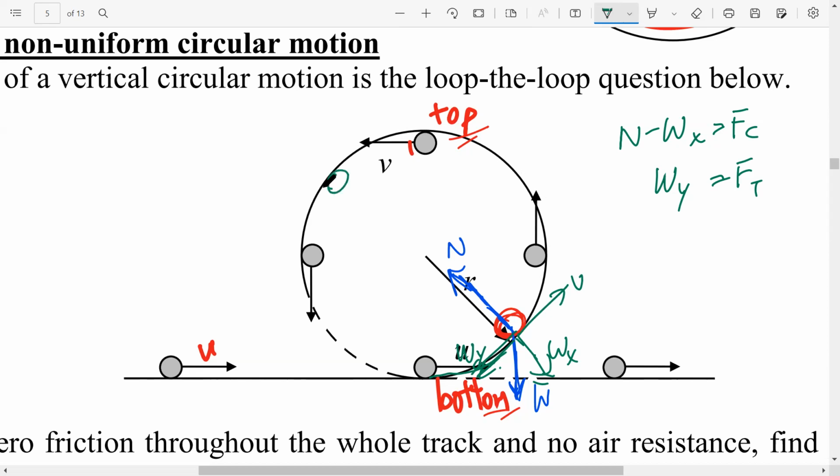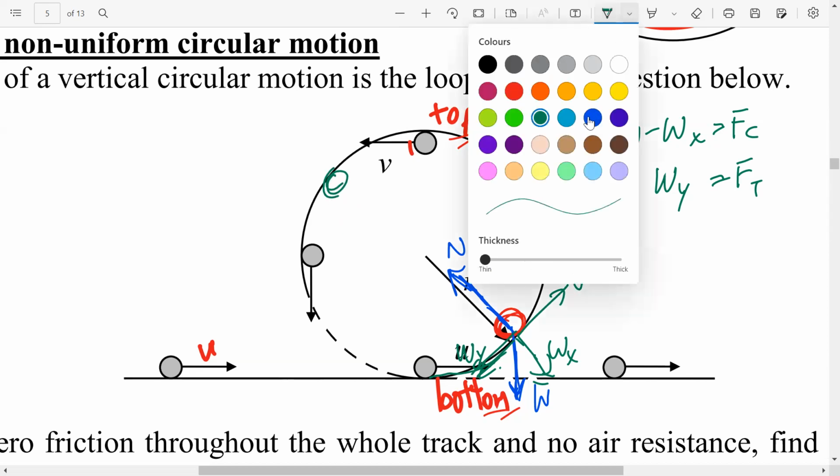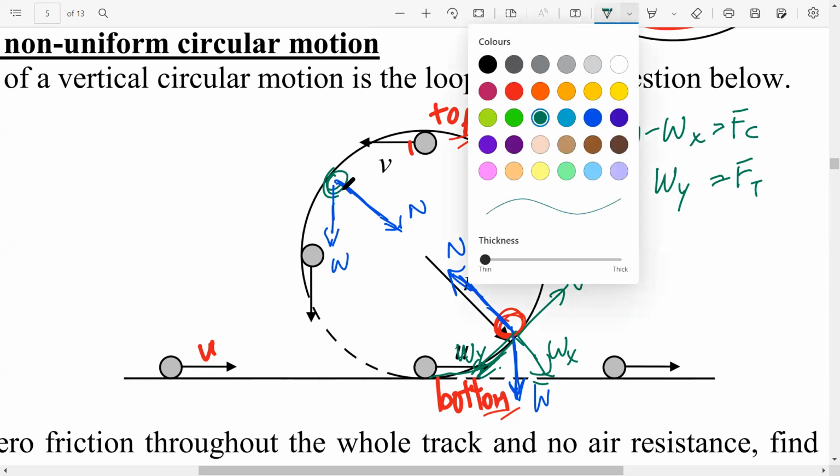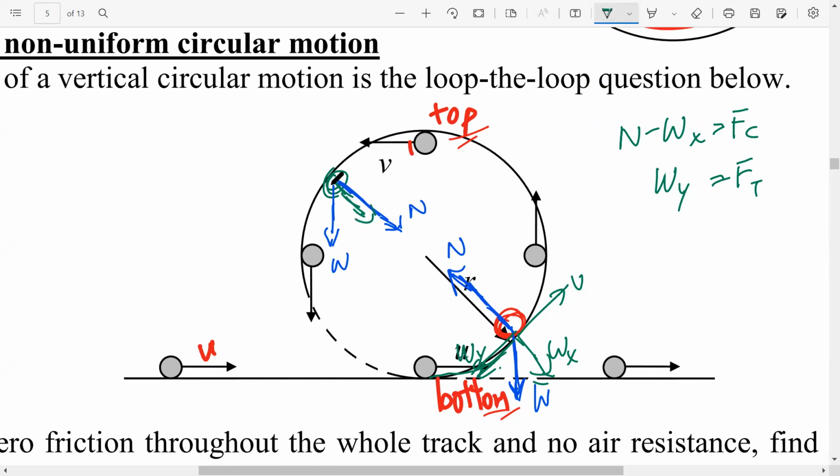As it goes down, there will again be a normal contact force and a weight, which can be split into Wx and Wy. These two add up to give the centripetal force, and the other one is tangential and causes it to speed up.